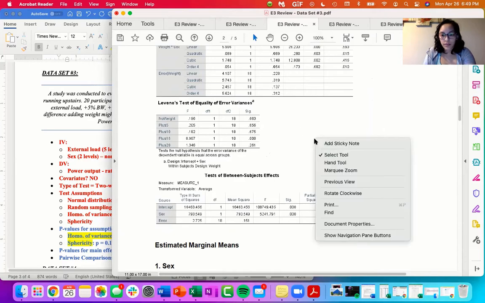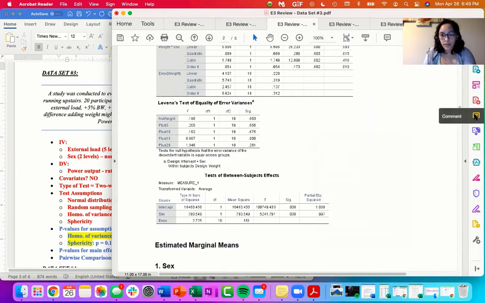All right, so we can see the p-values listed for each of the conditions. Again, they are listed based off of the between subject variable.